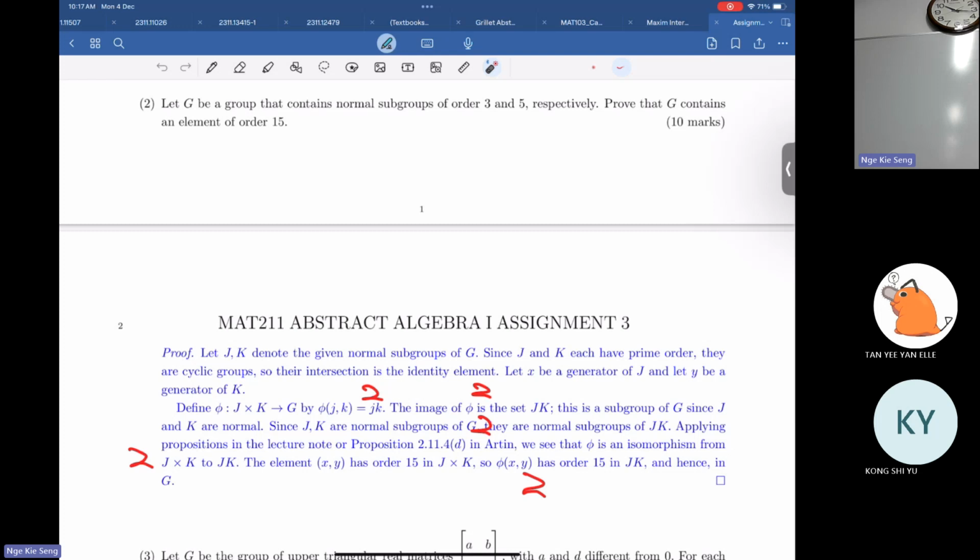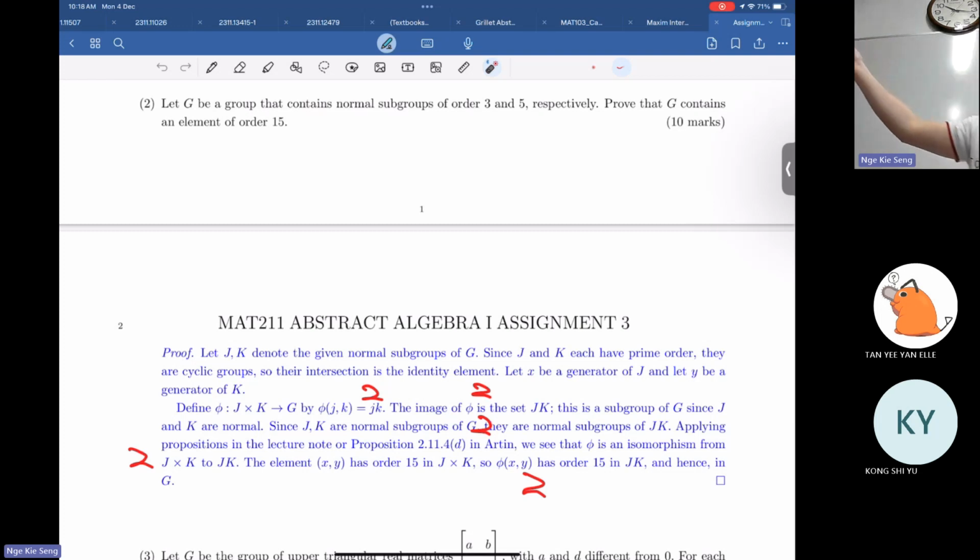Just pick A times B and then argue that AB will give you order 15. Okay, the normality will give you the abelian property, the commutative property, and then you use the cyclic order, and then the element AB will give you an element of order 15 in your group.